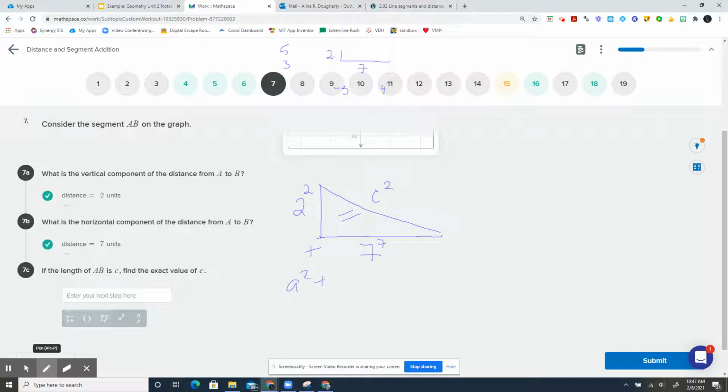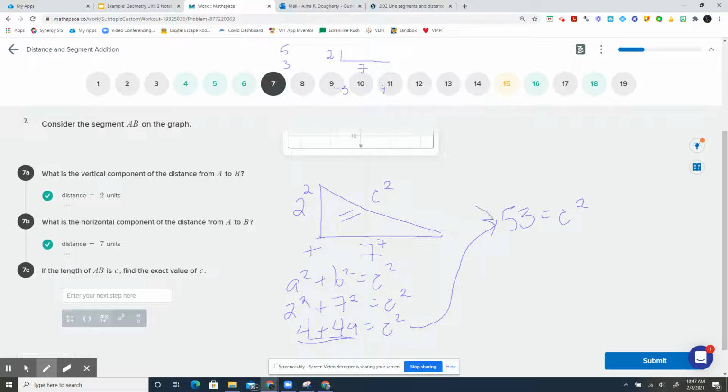So a squared plus b squared equals c squared. 2 squared plus 7 squared equals c squared. That's going to be 4 plus 49 equals c squared, or 49 plus 4 is 53 equals c squared.